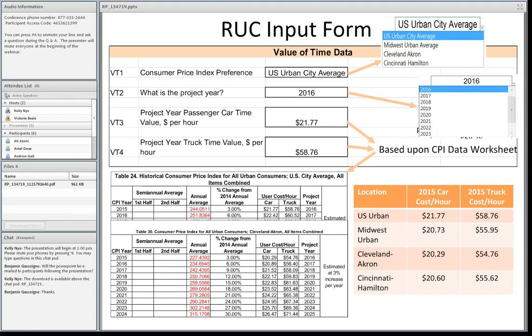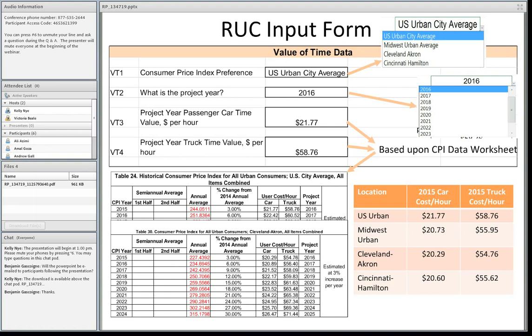So that's where the $21.70 and the $58.76 is pulled from. And I have shown two examples directly below the value of time table, which show you what is going on with the CPI data form.